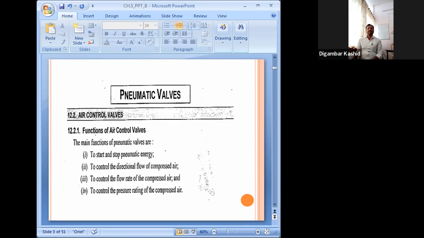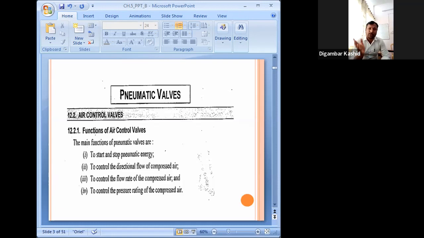That means similar to a hydraulic system, for this pneumatic system also we have direction control, fluid flow control, and pressure control. Okay, DCV, PCV, and FCV: flow control, pressure control, direction control.